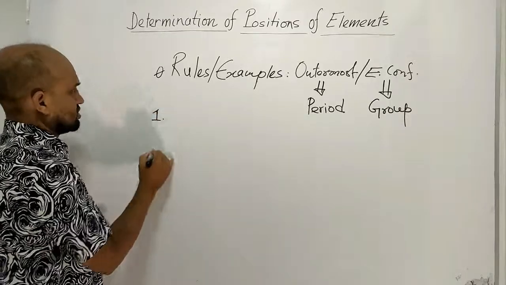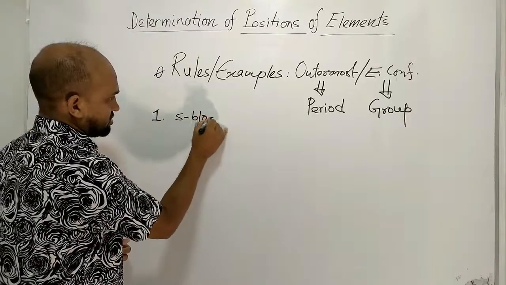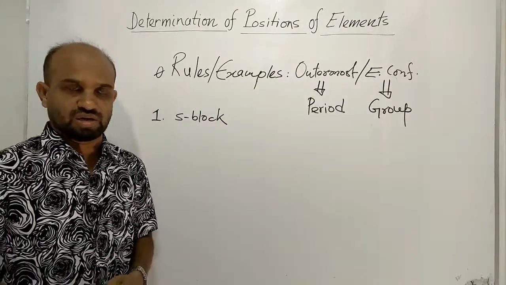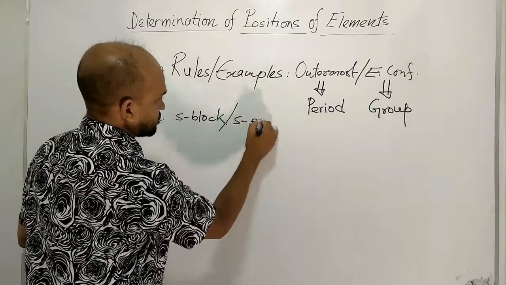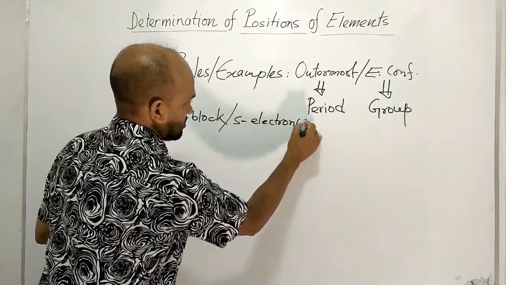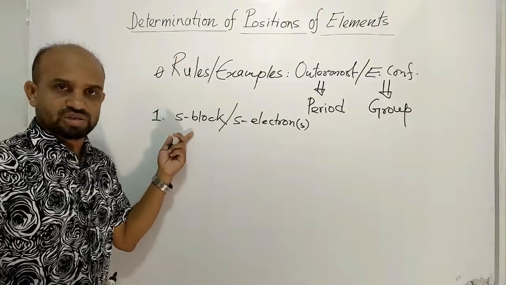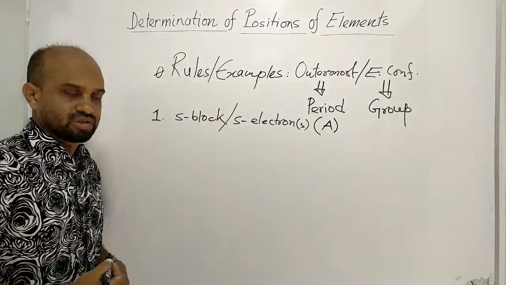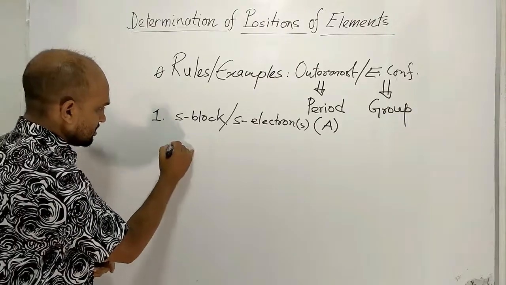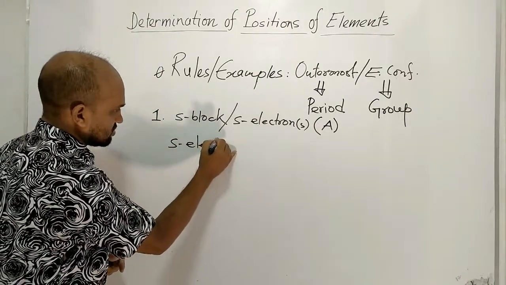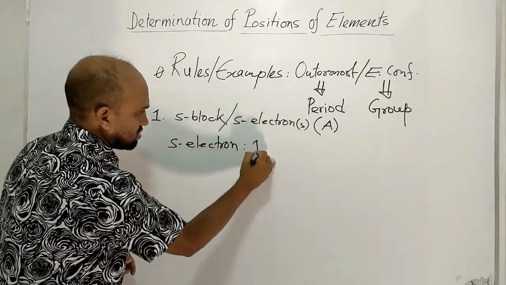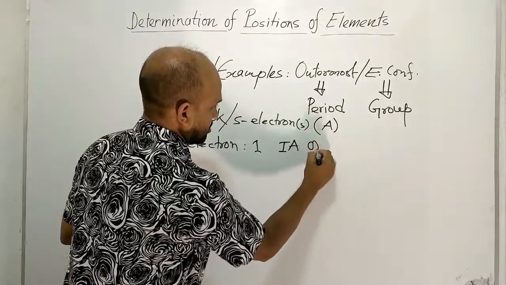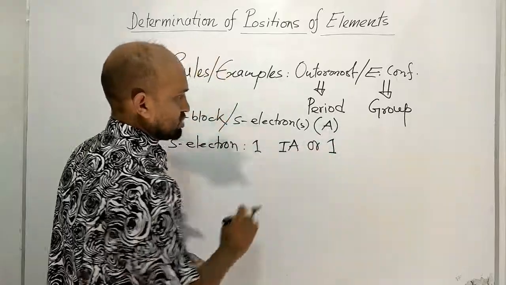Rule number 1 for S block elements. S block elements are the elements in which the last electron enters the S orbital, so they have S electrons. S block elements always belong to A subgroup, not B. If it is S electron 1, then the column will be 1A, or 1 in the most modern periodic table.